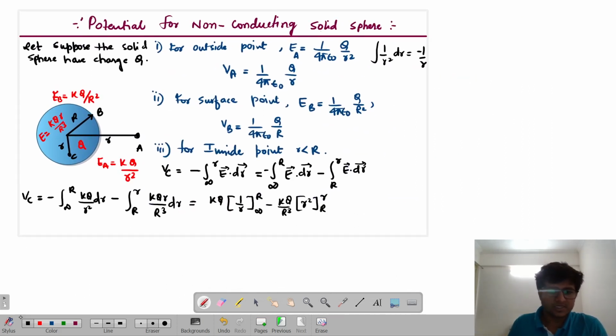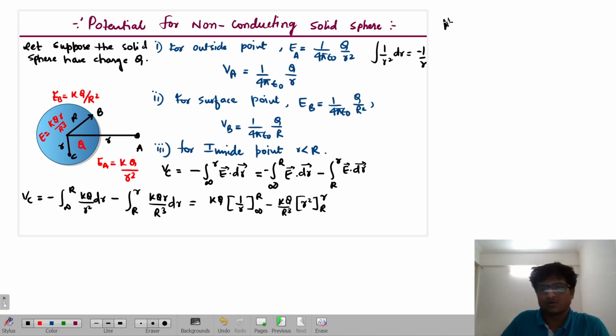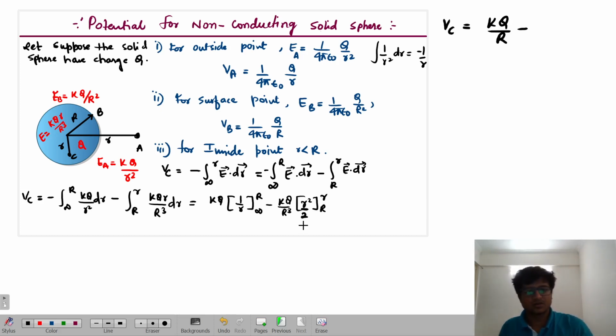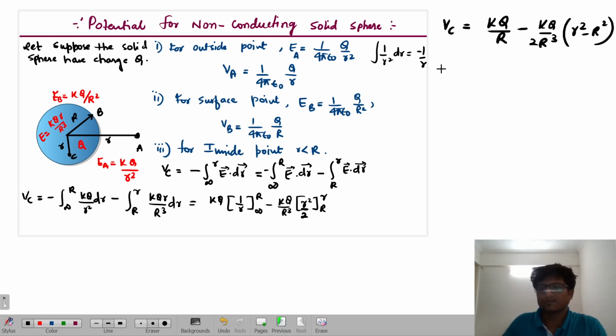Now look over here. V at C can be found out easily. It is kq by capital R minus, oh sorry, I forgot to put r square by 2 will be here. Okay, so it will become capital Q by 2R cube into bracket, it will be r square minus capital R square. Is that clear or not?